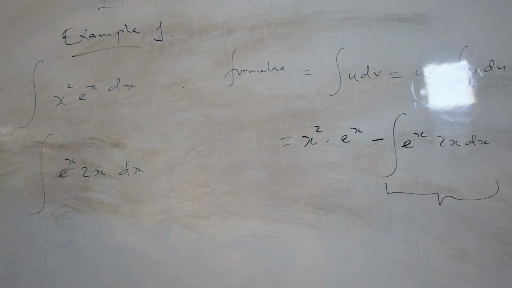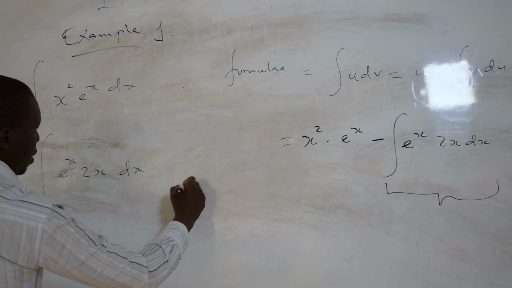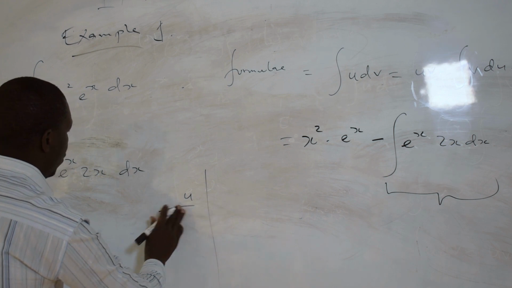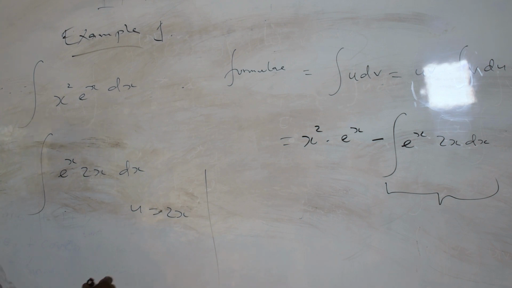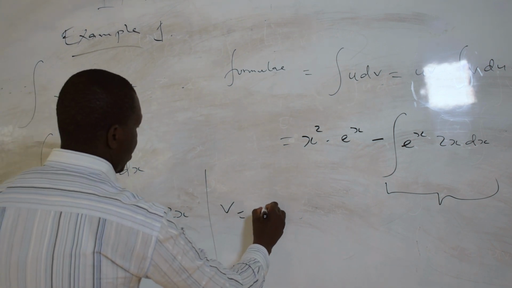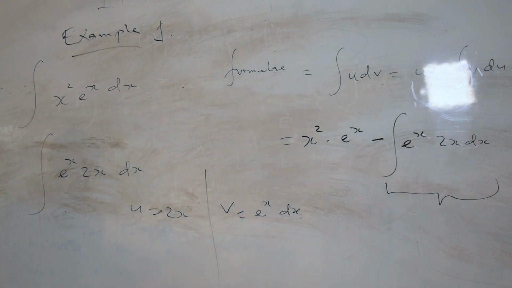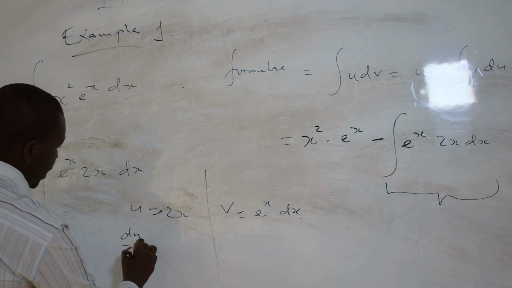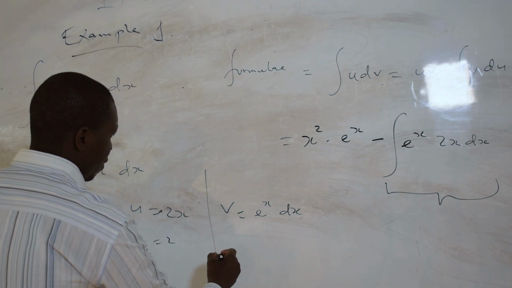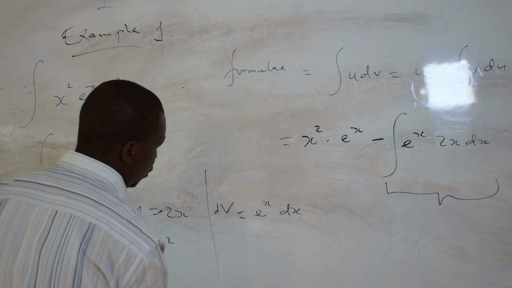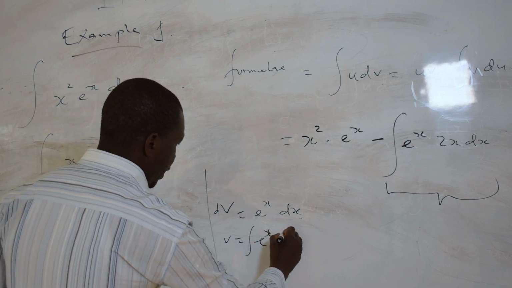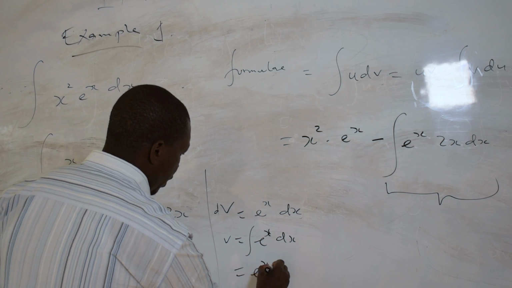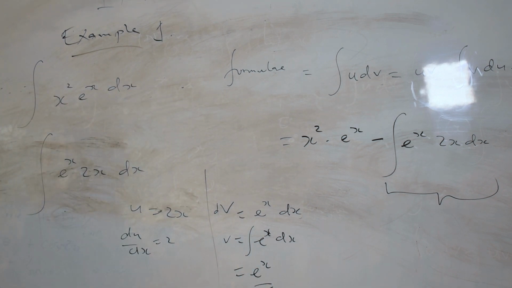Again, our u becomes 2x and our dv is e to the x dx, because 2x comes before the exponential. Now du/dx will be 2, and v will be the integral of e to the x dx, which is e to the x.